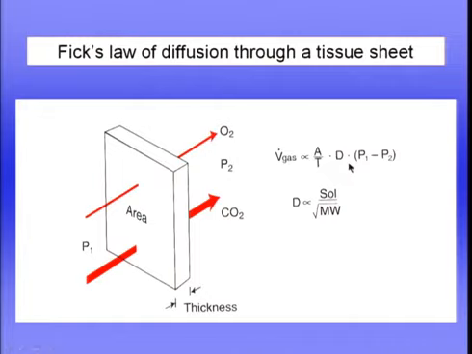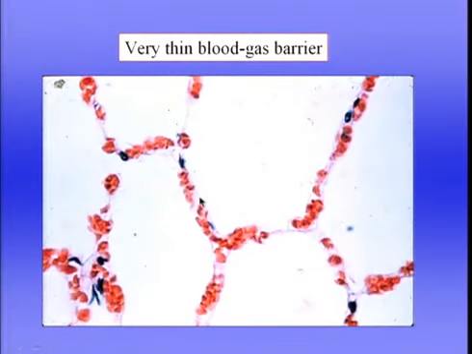Well, now, we've already seen that the structure of the blood-gas barrier in the human lung is extremely well suited to diffusion according to Fick's law. If we look at a light micrograph, we can barely distinguish the blood-gas barrier, the barrier between the alveolar gas and the capillary blood. It's right at the limit of resolution of the light microscope.